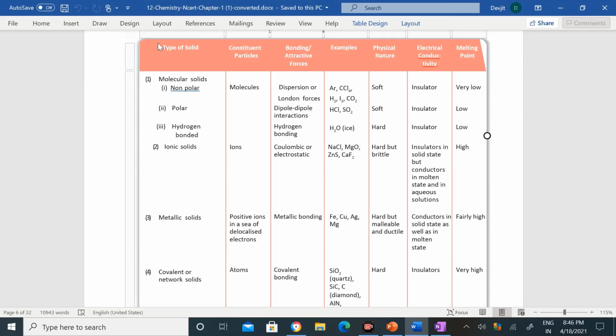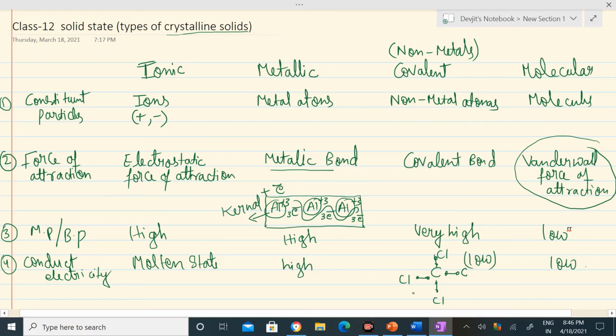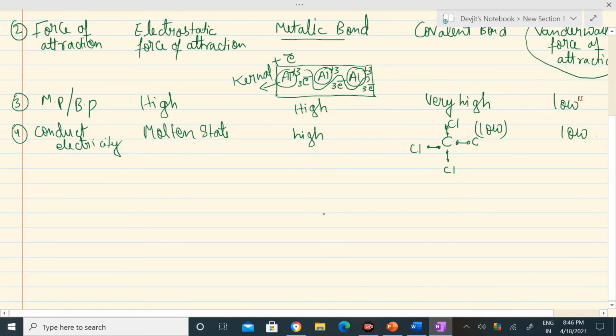And those molecules that are polar have dipole-dipole interaction, because polar means they will have a dipole moment, like HCl. If I show you how HCl is a polar molecule: chlorine is highly electronegative, and compared to chlorine, hydrogen is less electronegative.